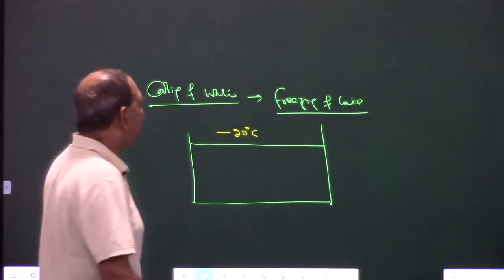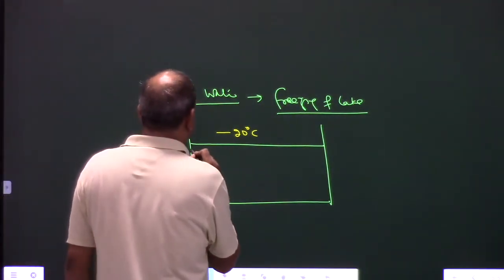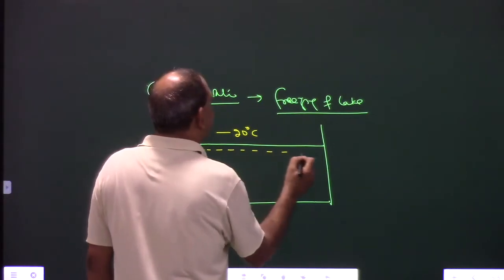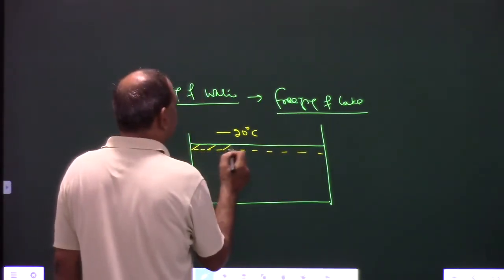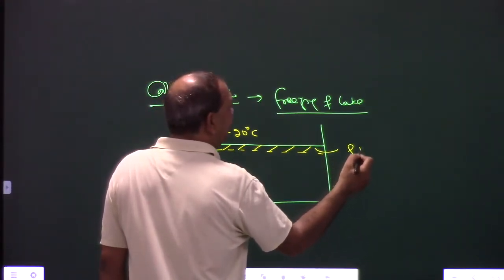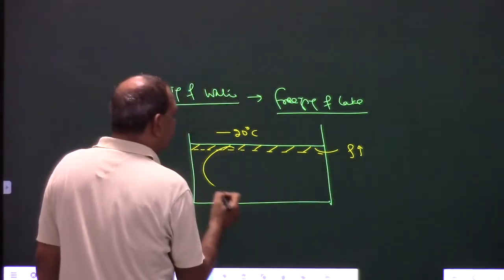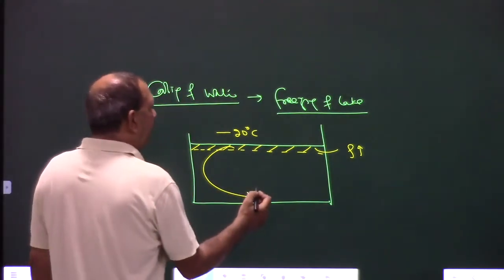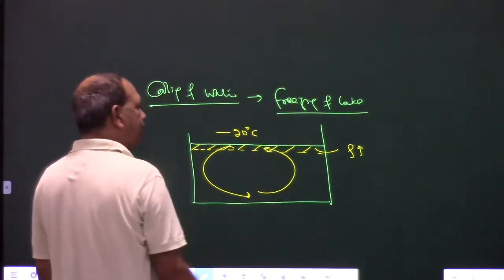So as soon as the surrounding temperature decreases, this layer cools, its density increases, and this layer moves to the bottom, and another layer will go to the top.